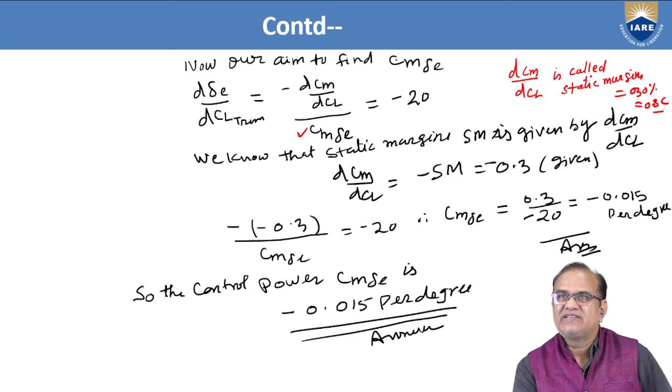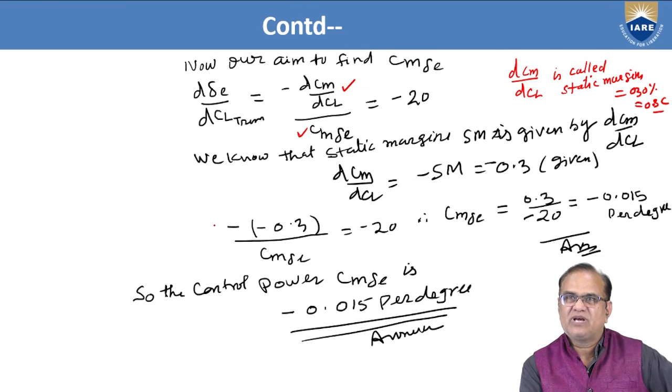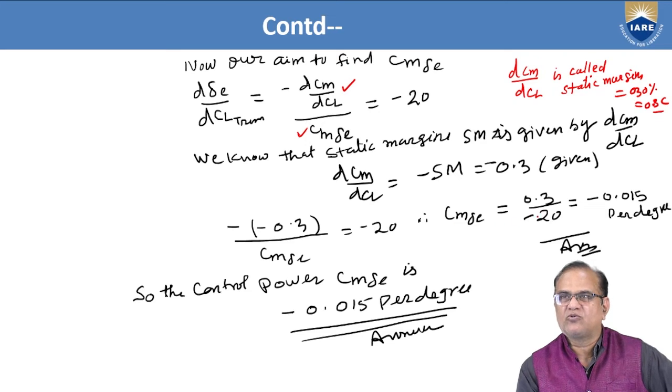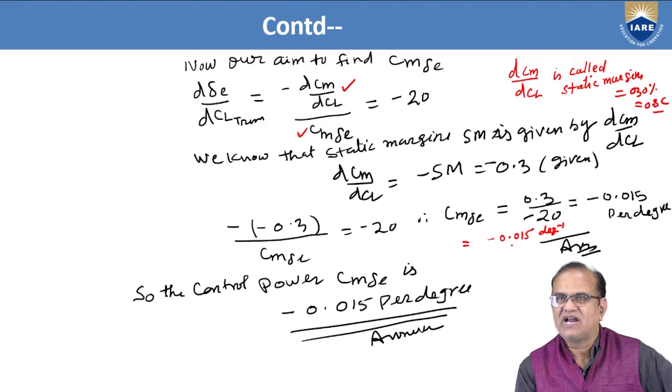This number is already given, and this is also given. So it is very easy to find Cm delta E. So minus 0.3 divided by Cm delta E is equal to minus 20. So Cm delta E is equal to 0.3 divided by minus 20. So we got minus 0.015 per degree.